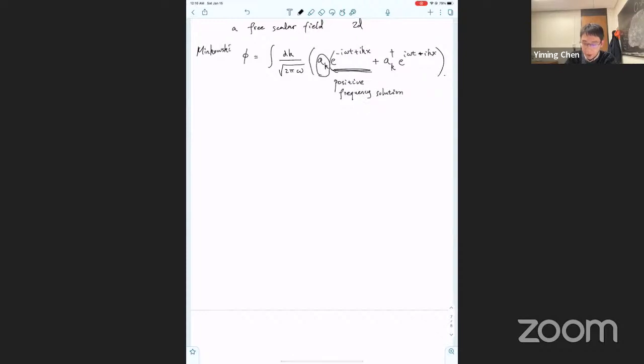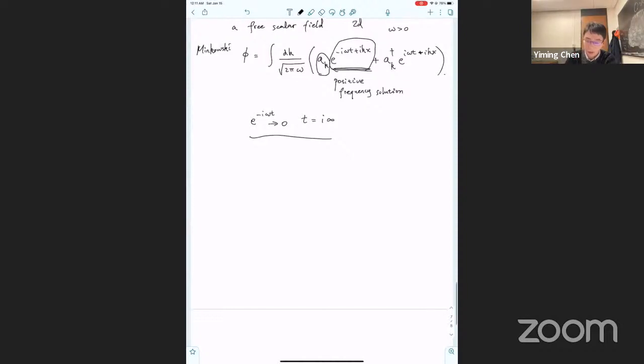What I mean by positive frequency solution is that this solution has the property that if we send t to be i infinity, this solution vanishes, goes to 0. So omega, the frequency here, is some number that is greater than 0. That is the definition of the positive frequency solution. Or in other words, in a more mathematical way to say it, this solution... Sorry, do you mean t equal to minus i infinity?